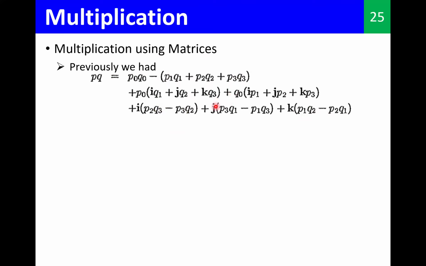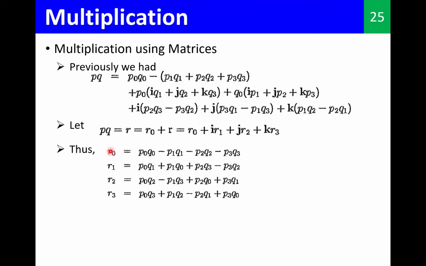But another way to group them is maybe, okay, I group using i terms, j terms, and k terms, right? I take all the i terms together, all the j terms together, and if I do that, this is the scalar part. That is again same as before, but if I group the i parts together, I have P0 Q1, Q0 P1 likewise. So this is the i part, this is the j part, and this is the k part.